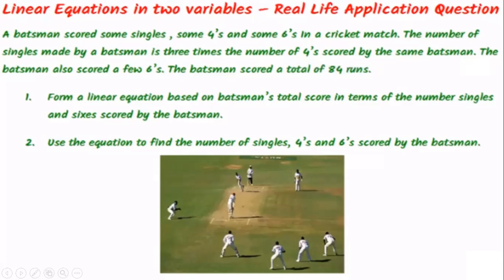So how many singles did the batsman take? Three times the number of fours, that is 3x, isn't it? And the remaining sixes added, what you get is the total score of the batsman, which is 84 runs. You can use the equation to find the number of singles or the number of fours as well as the number of sixes scored by the batsman.